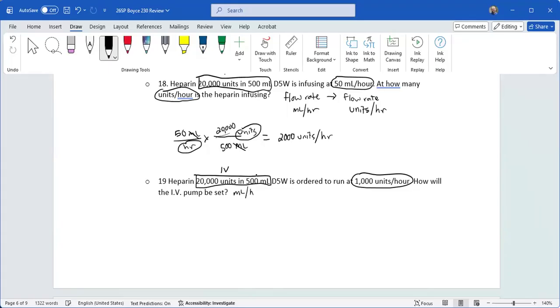What they're asking is, what is the mL per hour? So again, I'm going to start with the flow rate. I'm going to convert units per hour to milliliters per hour. So you'll notice that I'm switching the position of the mL and the units.